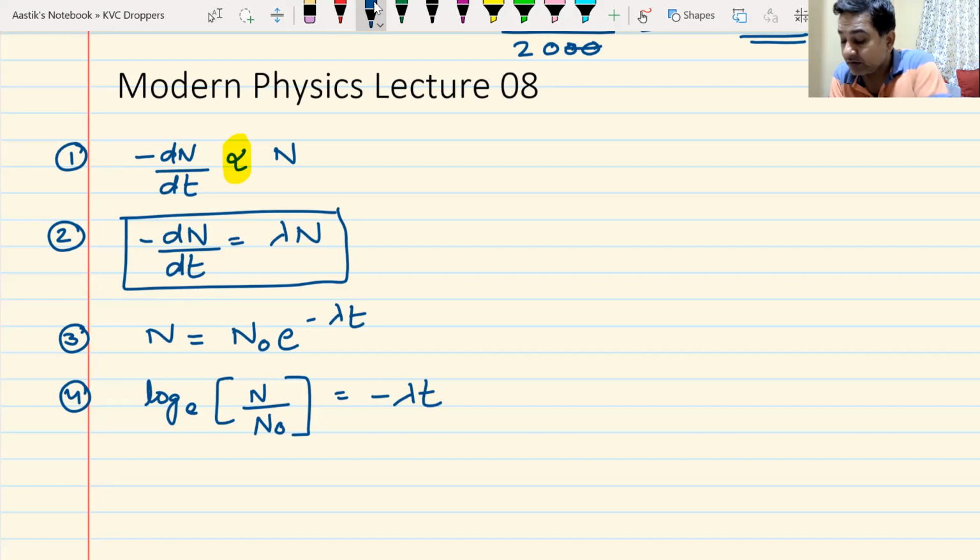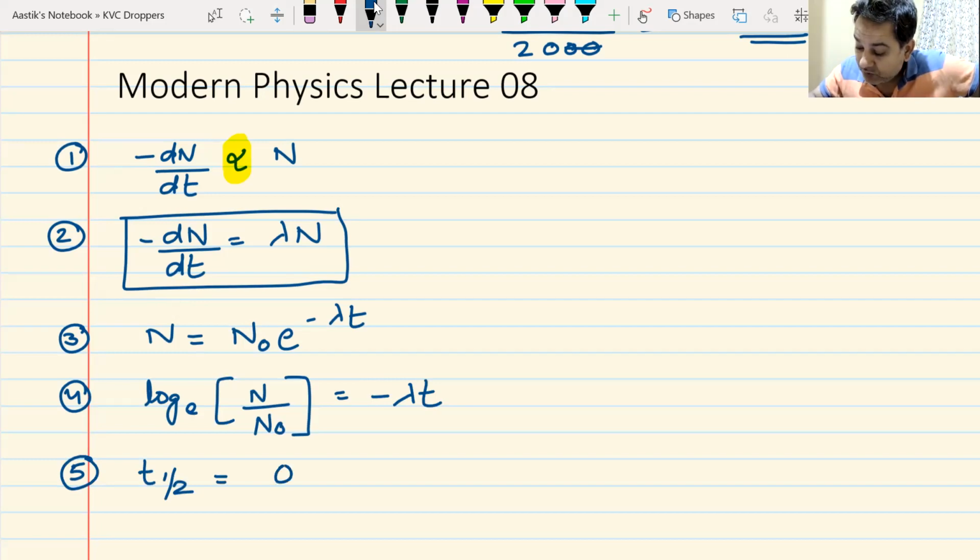Yes, sir. Next one, half-life. What was the formula for half-life, T half or T H? 0.693 by lambda. We have to remember these formulae because the same formulae will be coming in the exam straight away.